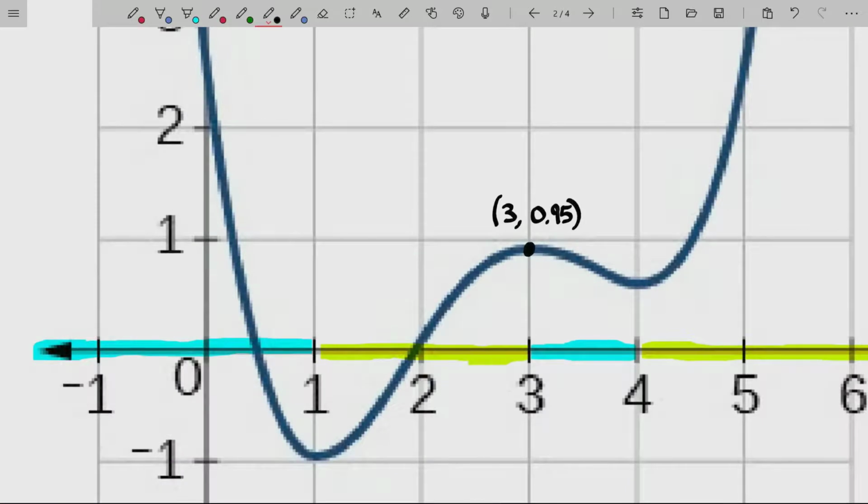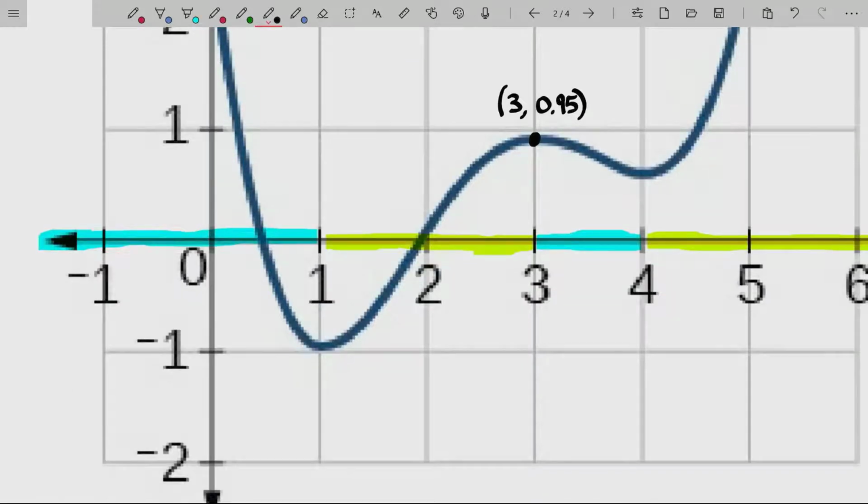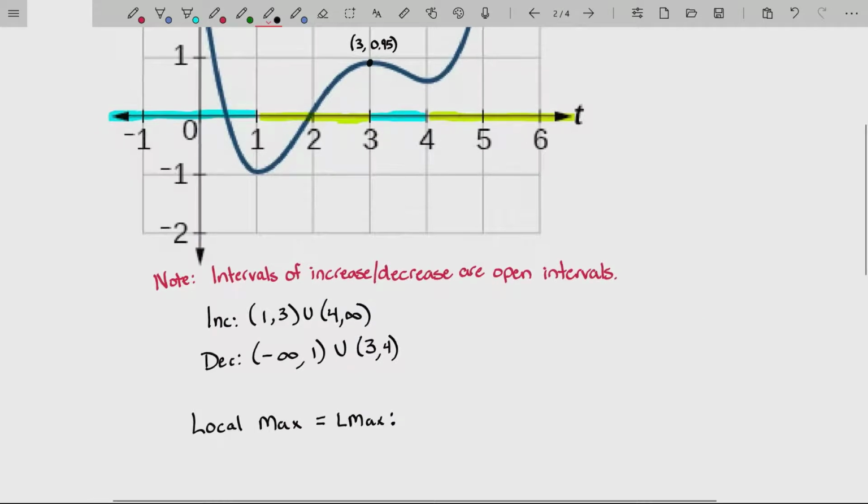So you don't want to be too far off from the actual value. So don't just say 1, use a little common sense there and just read it properly. So that is the only local maximum I see, which is (3, 0.95).